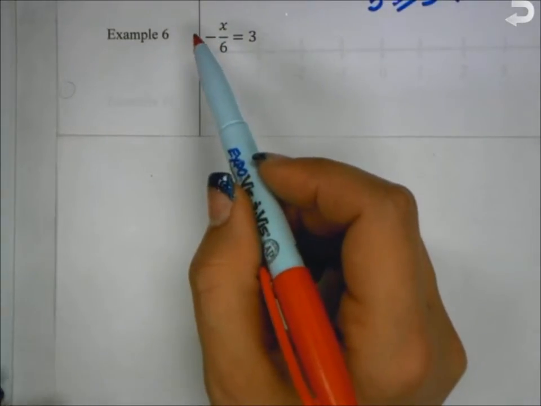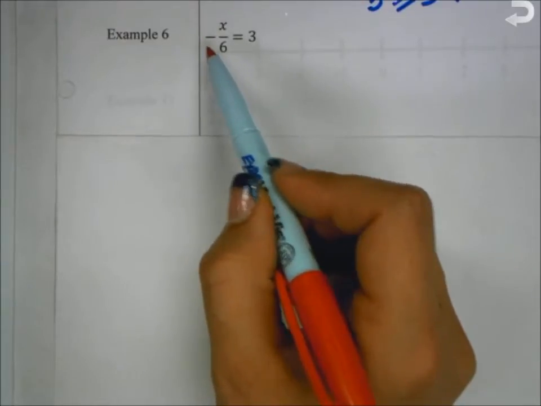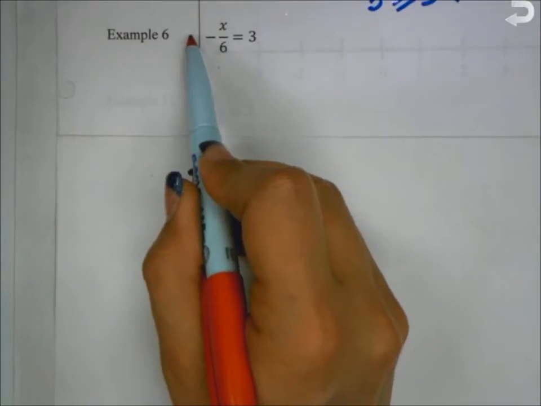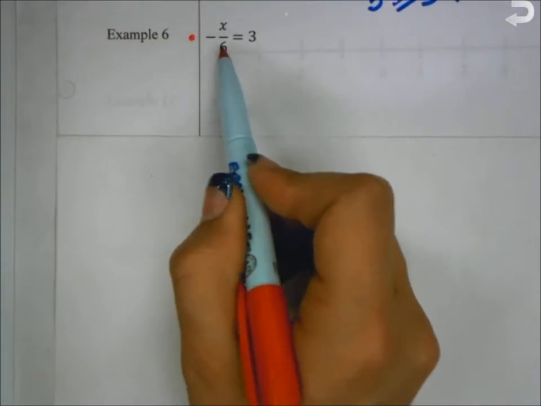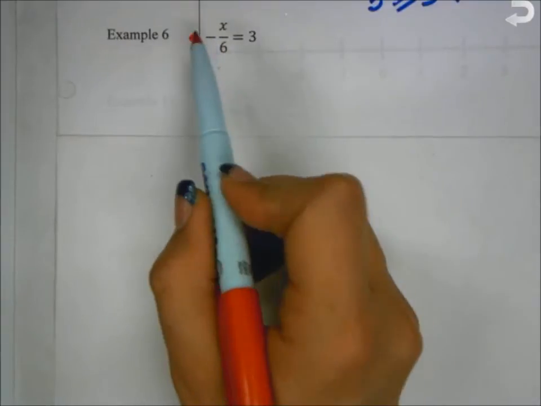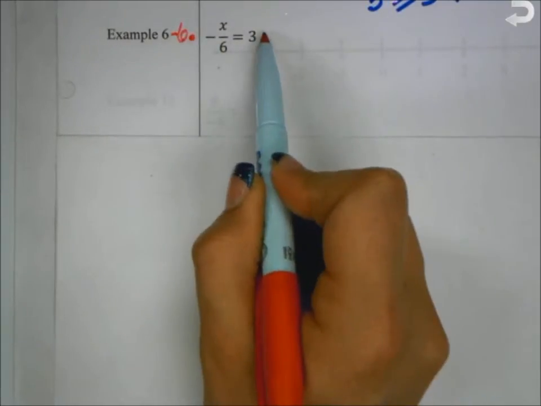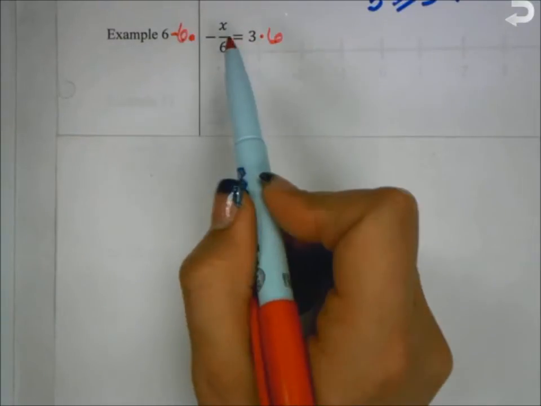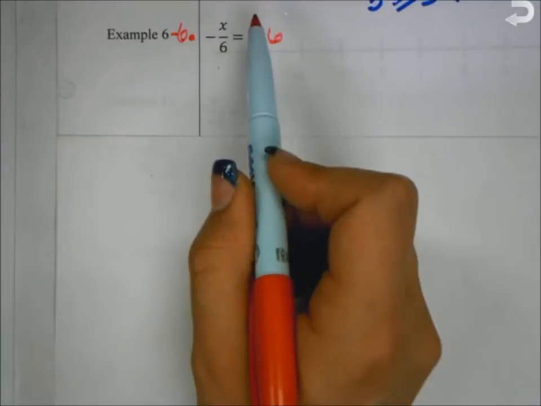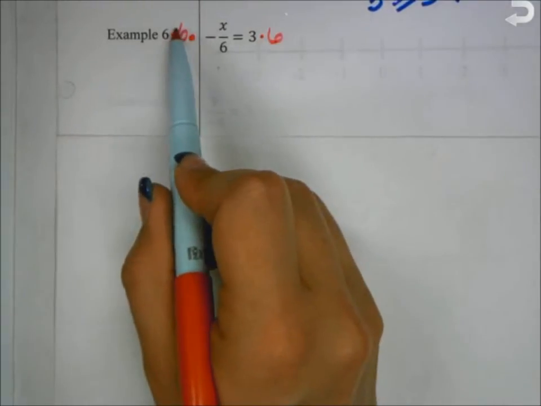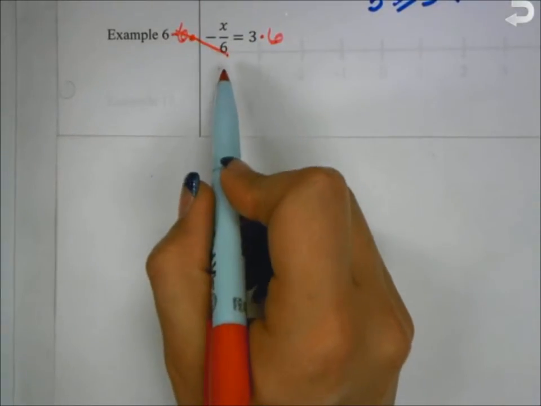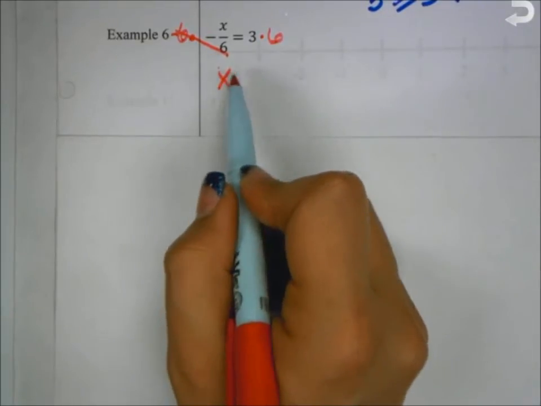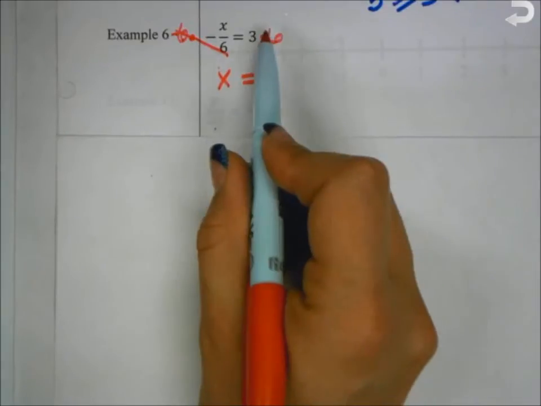So if I'm dividing by 6, what am I going to multiply by? Negative 6. Because negative 6 divided by negative 6 gives me a positive 1. So what am I left with on the left-hand side? A positive x, right? Equals positive 3 times negative 6? Negative 18.